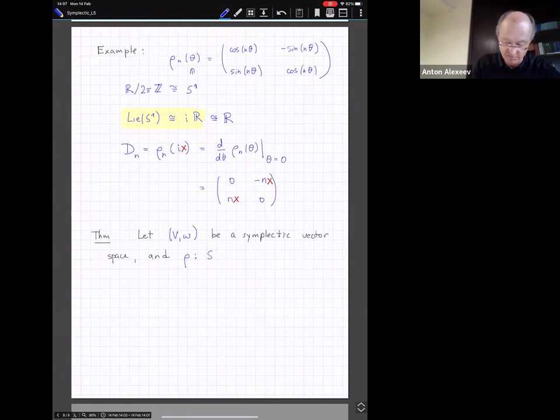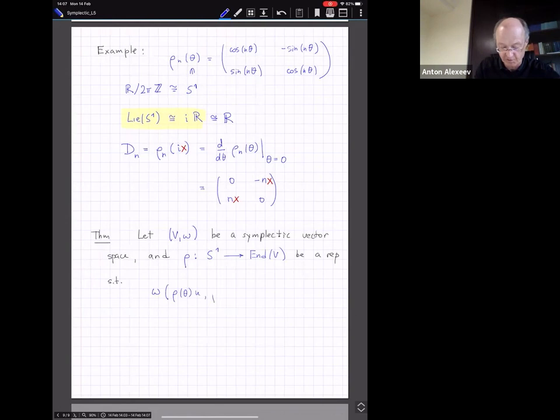So let's say S1 acts on V, a representation such that there is an extra property. We want omega to be invariant under the S1 action.